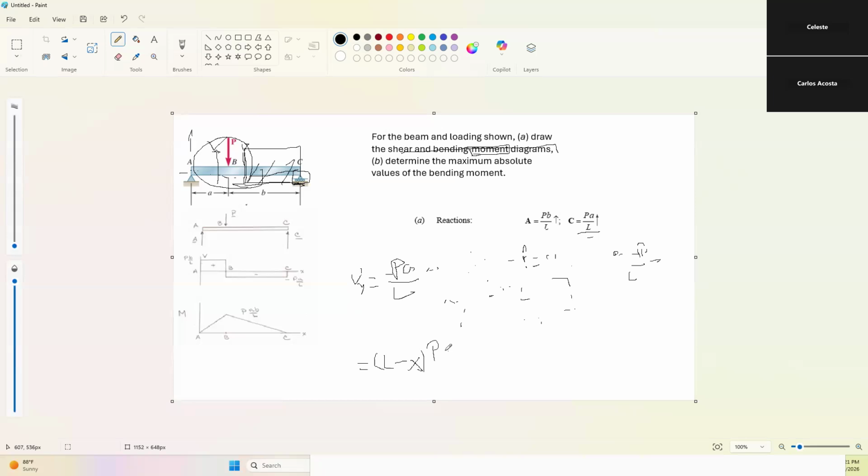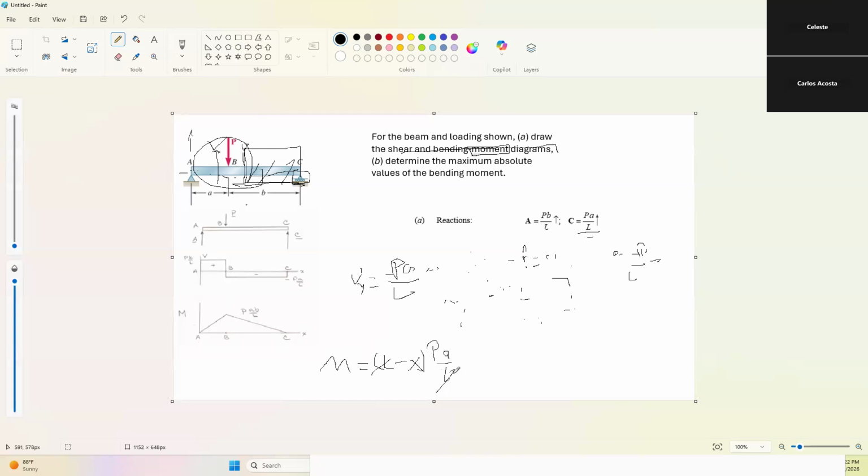And the moment is positive. So when it's 0, it's 0 here and it's 0 here. Oh, sorry, when it's 0, it will be PAA. Yeah, correct, so that will be here.